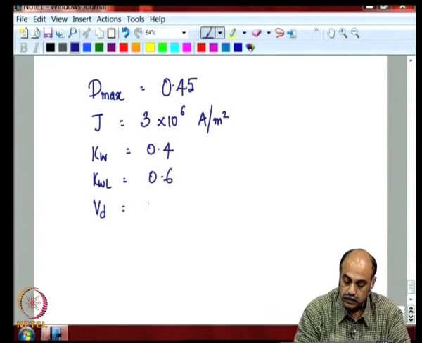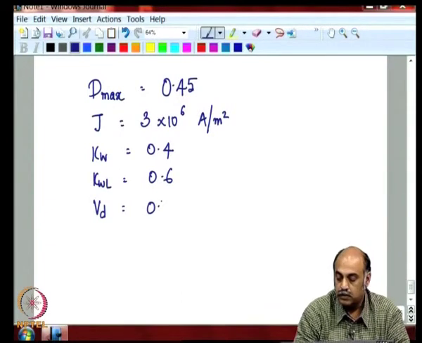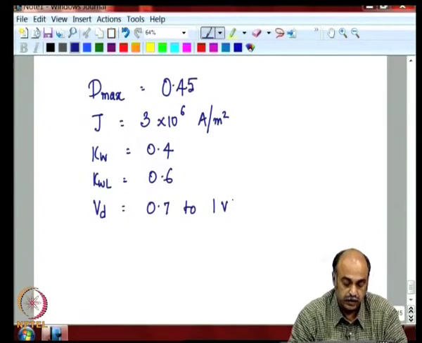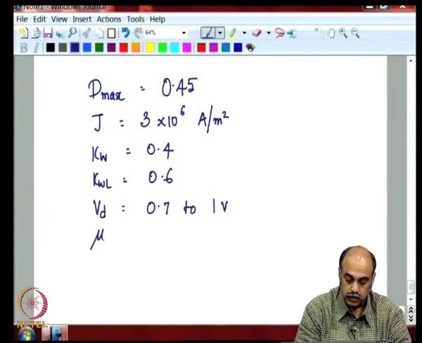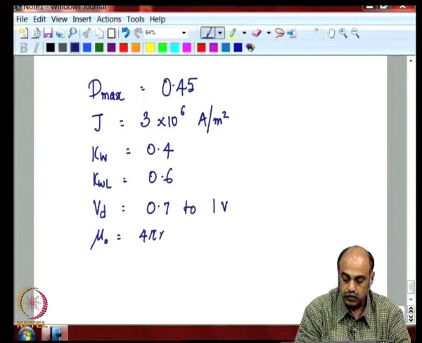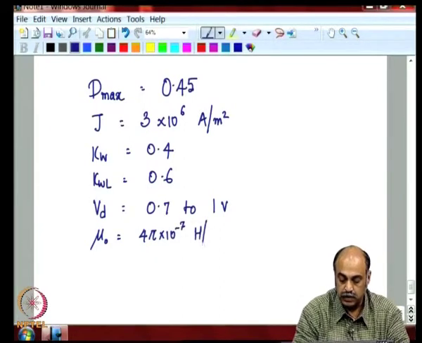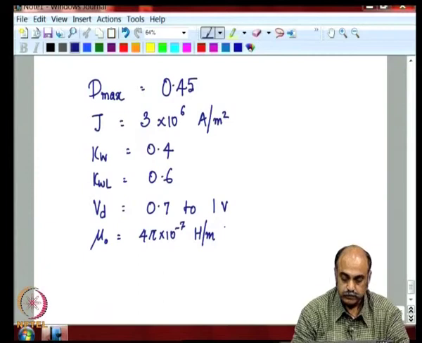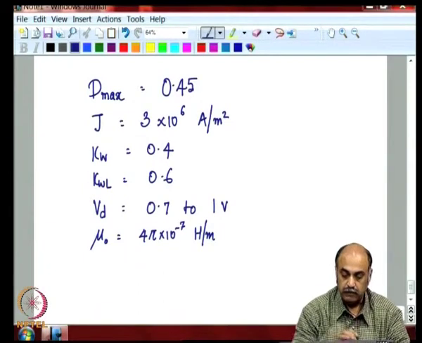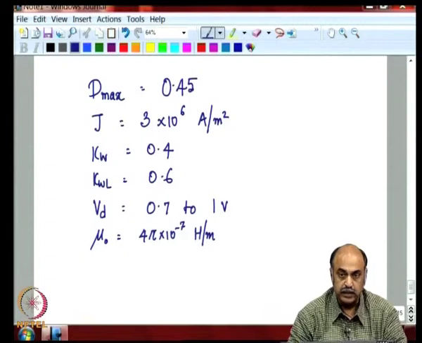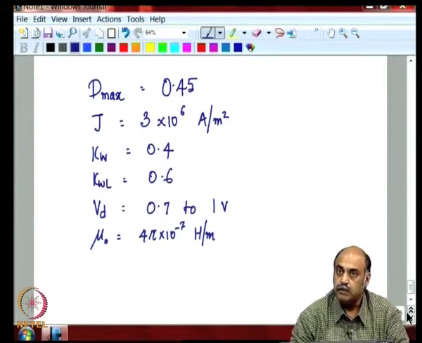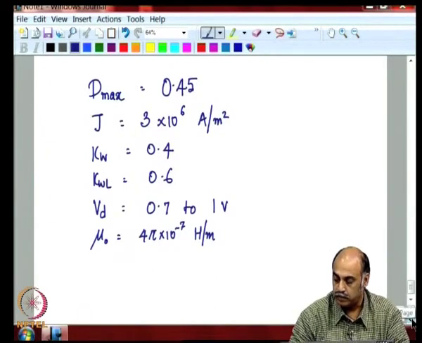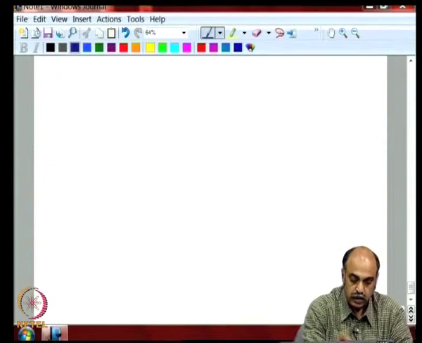You can take it as around 0.7 to 1 volt drop per diode, especially if it is higher powers. And mu naught is nothing but 4 pi into 10 to the power of minus 7 Henry per meter. Okay, so these are the values that are needed. Now, with these values, the user spec and the designer spec, you should be able to calculate every component detail. Okay. So, now the calculations.